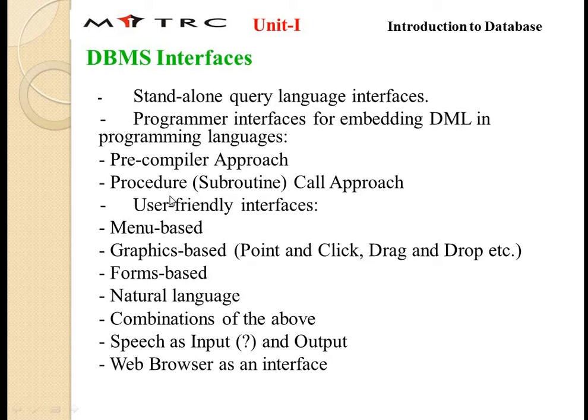So it is through these interfaces that the DBMS communicates with the user and provides many things needed by the user from the database. So the DBMS interface works between the user and the database on the basis of natural language, form-based, GUI-based, menu-based, speech as input and output, and also the web browser as an interface.